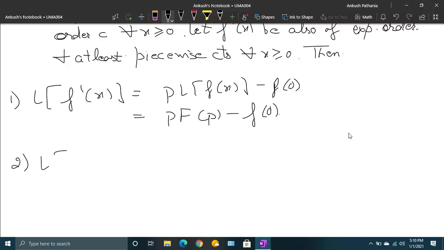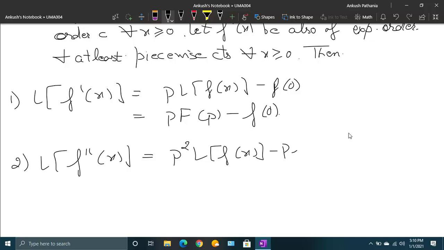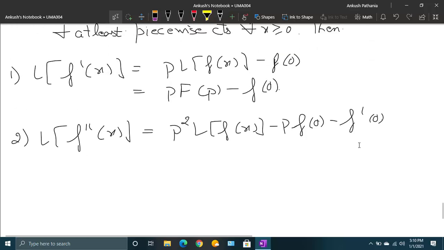This is the Laplace of the first derivative. The Laplace of the second derivative, f double dash x, is p square Laplace of f(x) minus p f(0) minus f dash 0. This is the formula for the Laplace of the second derivative.